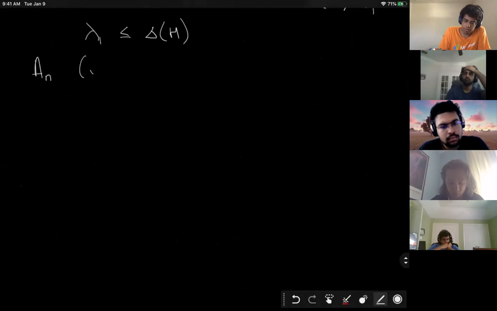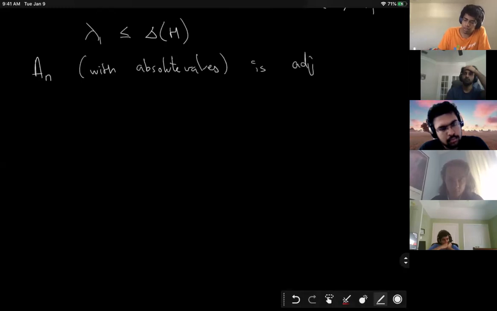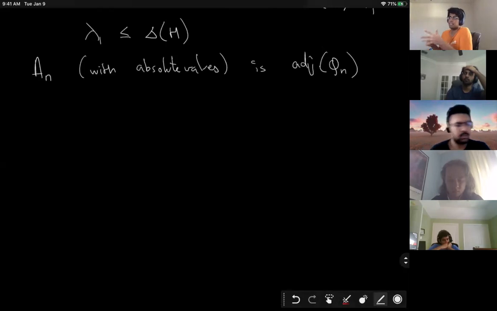So this A_n, with absolute values, is the adjacency matrix of Q_n, right? So basically this is just trying to show that everything is satisfied for lemma 2.3 to be applied.